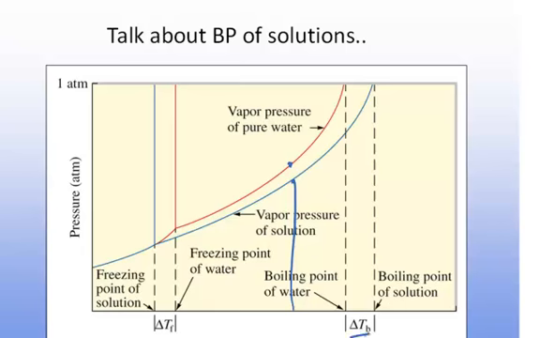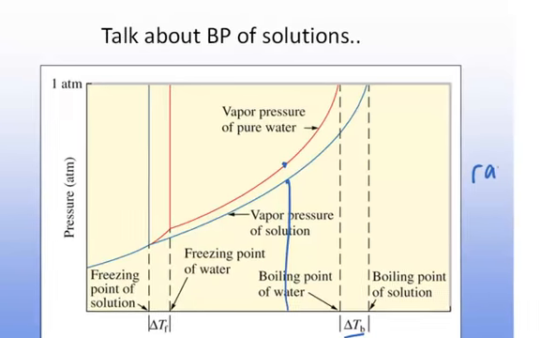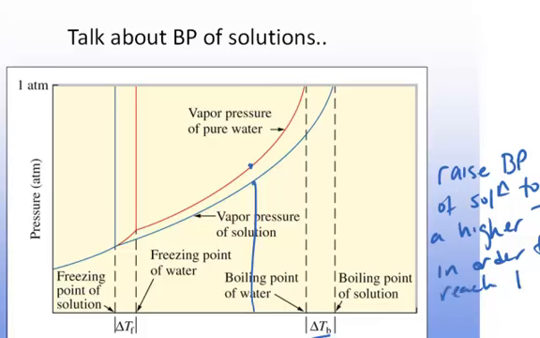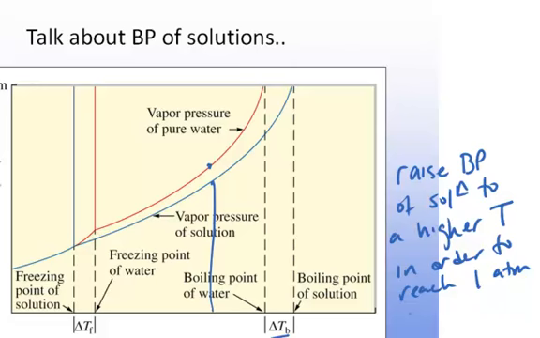So you can see why it's called boiling point elevation, since you have to raise the boiling point of the solution to a higher temperature in order to reach 1 atmosphere for the vapor pressure.